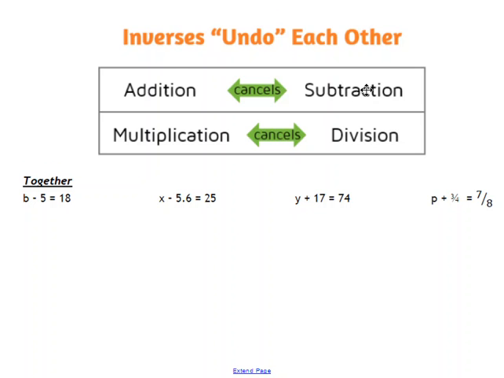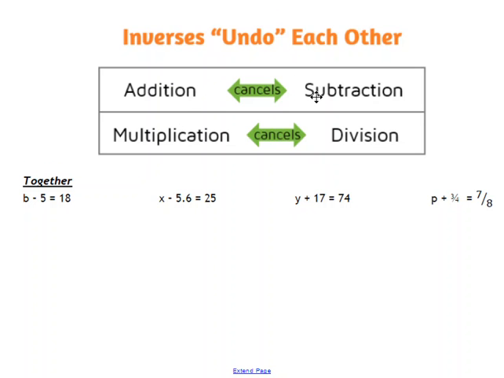And the opposite of subtraction would be addition. So we would say these two are inverse operations of each other. The same can be said of multiplication and division. If I want to undo multiplication, I would do division. Or if I want to undo division, I would use multiplication. So get used to knowing that these are inverse operations.